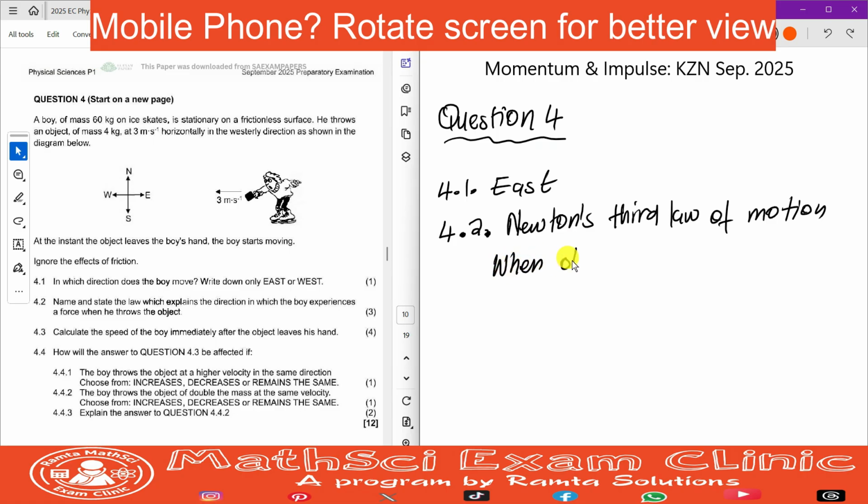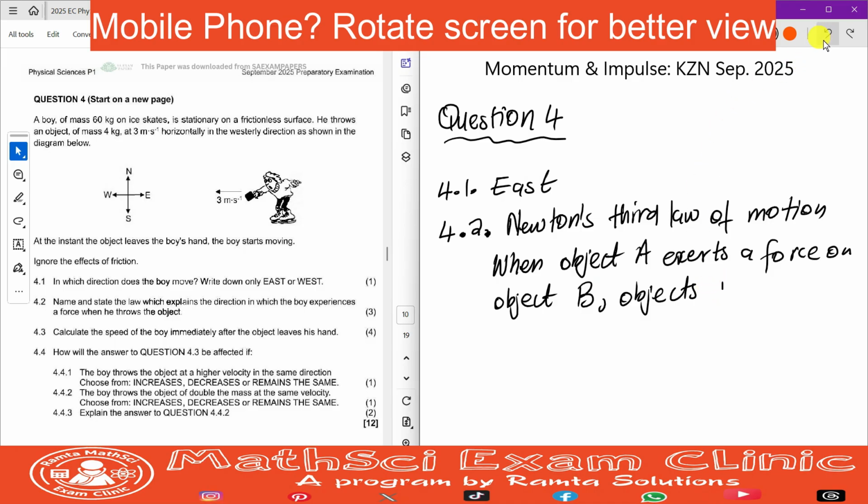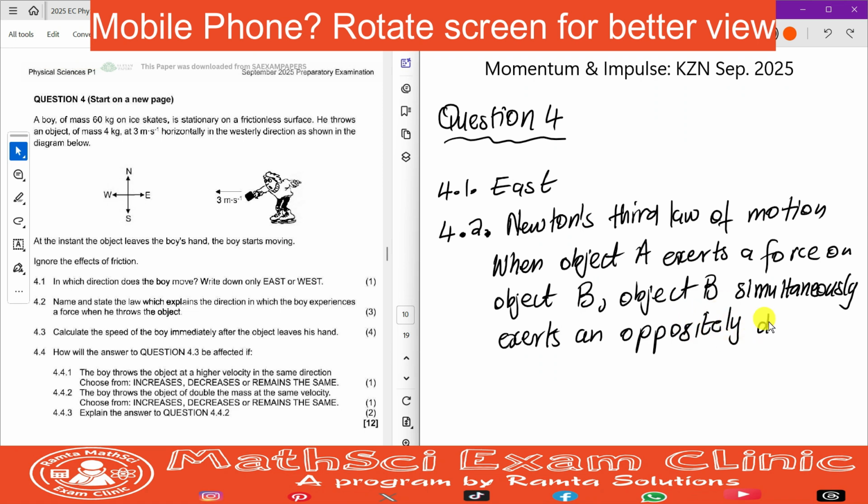So when object A exerts a force on object B, object B simultaneously exerts an oppositely directed force on object A. Okay.